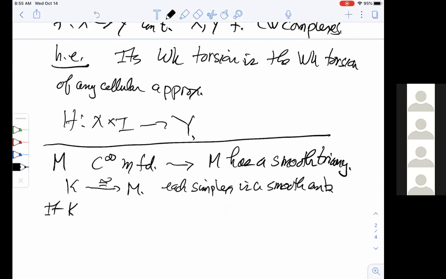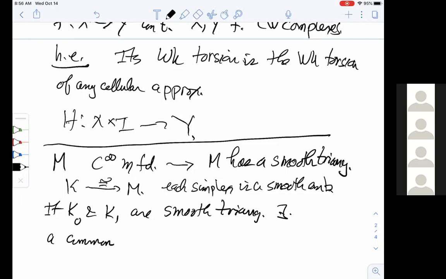So if K0 and K1 are smooth triangulations, there exists a common subdivision as simplicial complexes.